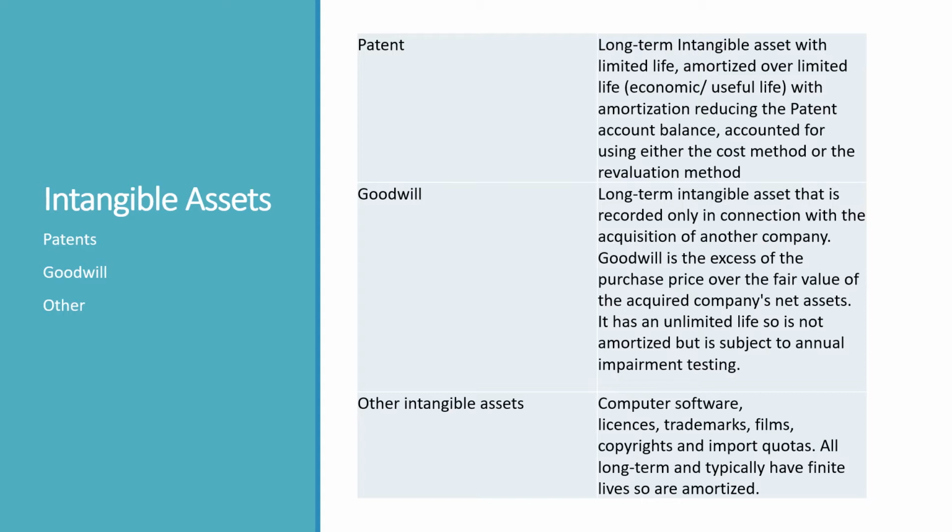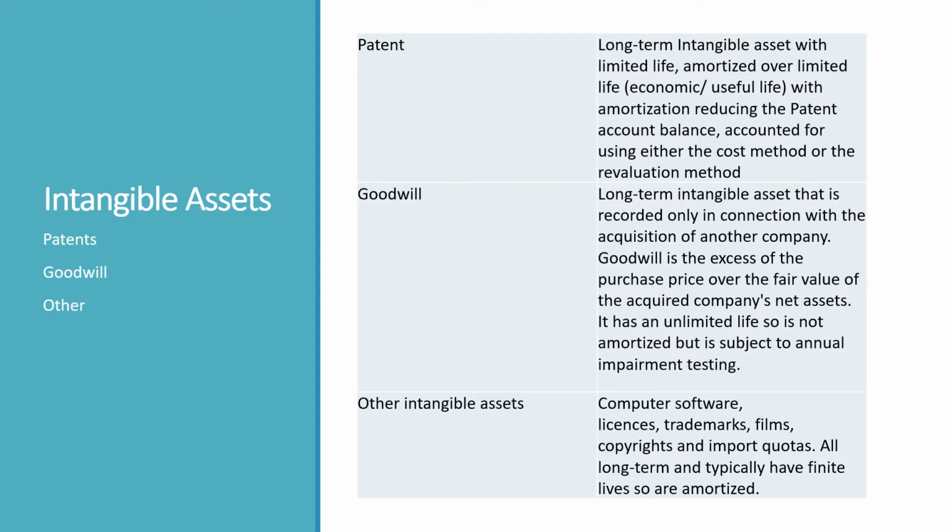Because it could be that in acquiring that business, we are acquiring assets that are not on the balance sheet. A company's reputation is not going to be on the balance sheet. A company's well-trained workforce is not going to be on the balance sheet. So those are the kinds of things that companies are willing to pay extra for, and they wind up getting recorded as goodwill. So goodwill has an unlimited life. It's not amortized, but it is subject to annual impairment testing.